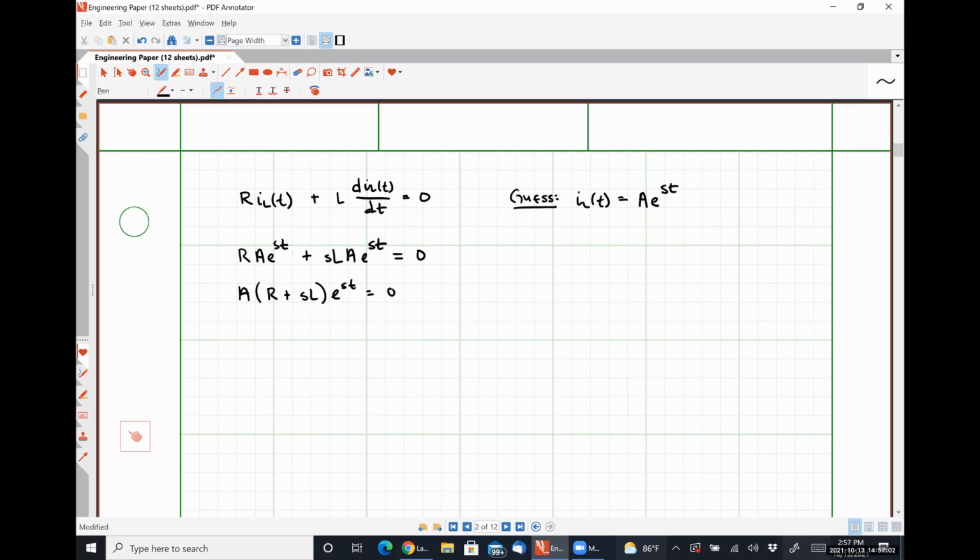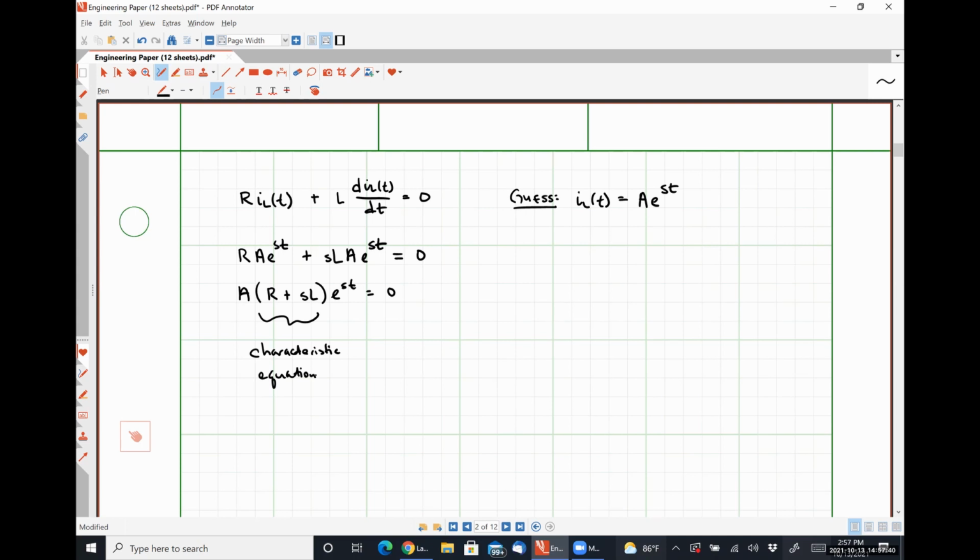That exponential function, e to the st, can approach 0 if s is negative and we wait for a very long amount of time, but it will never exactly equal 0. So what we're going to do is use this, which is called the characteristic equation, and figure out a specific value of s that makes this equation go to 0.